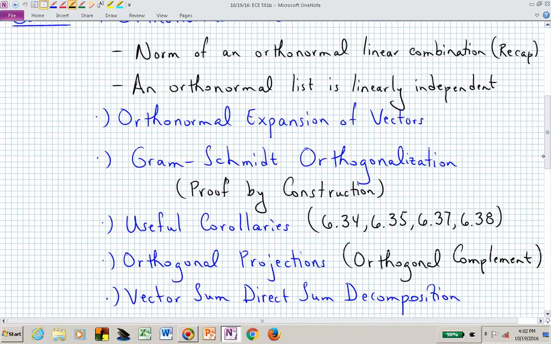Today we will start with showing that if we have an orthonormal list, it's linearly independent. Then we will present the orthonormal expansion of vectors, another very powerful idea. We'll learn how to create a list of orthonormal vectors if we start with a set of linearly independent vectors, and that's the Gram-Schmidt orthogonalization.